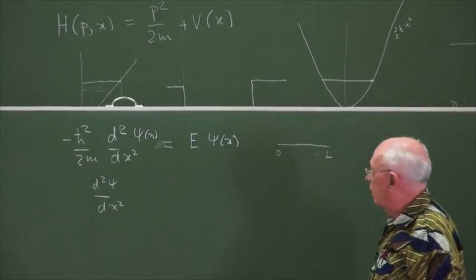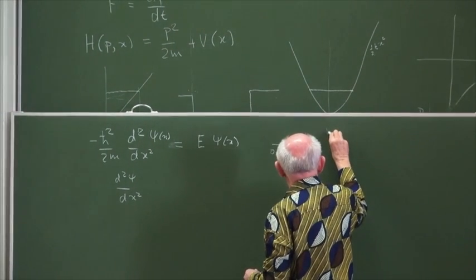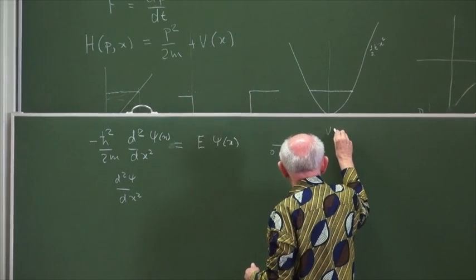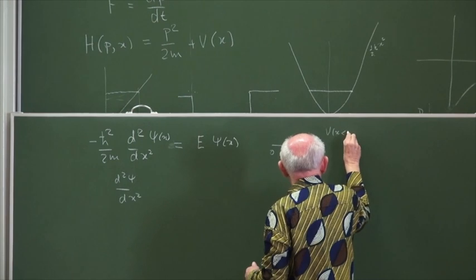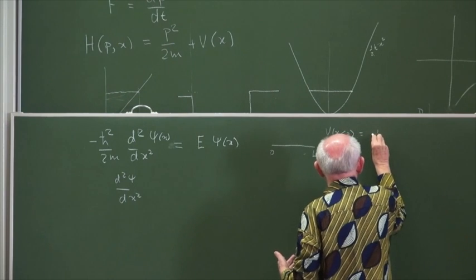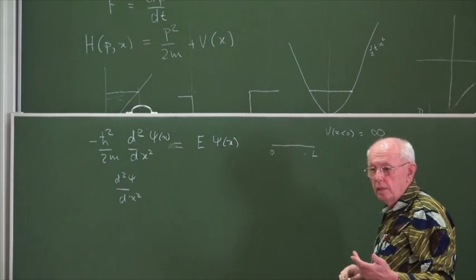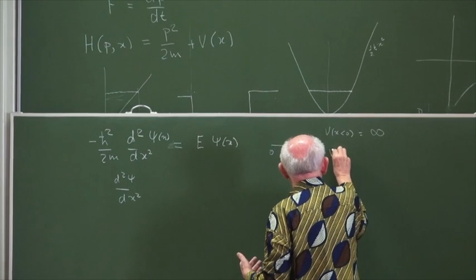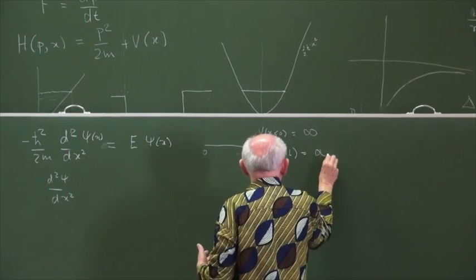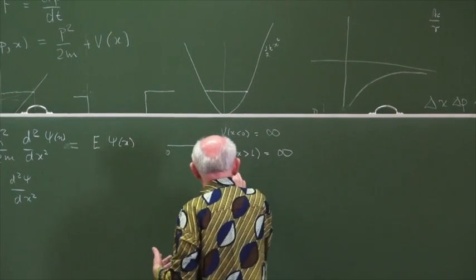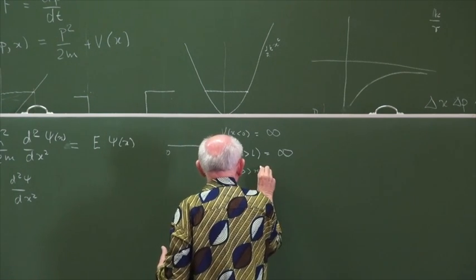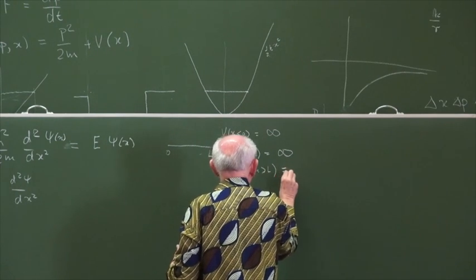If you want to write it this way, V of x less than 0 is equal to, now mathematicians won't like this, but I'll do it nevertheless, infinity. And V of x greater than L is also infinity. And V of x between 0 and L is 0.